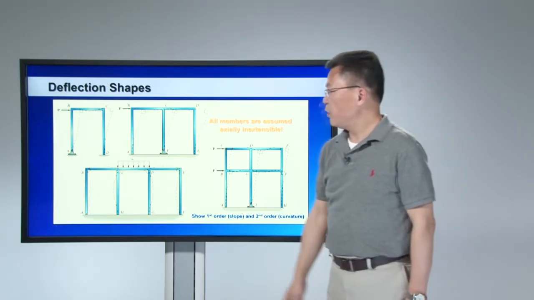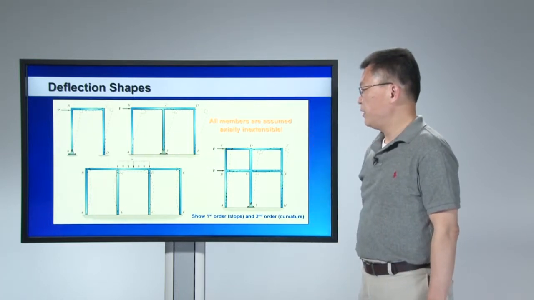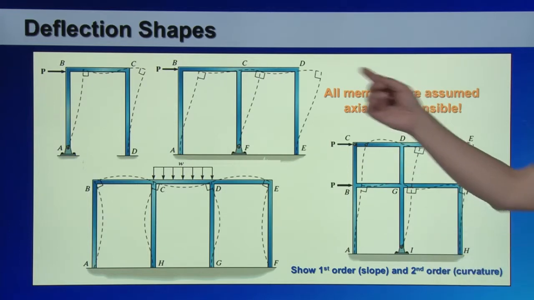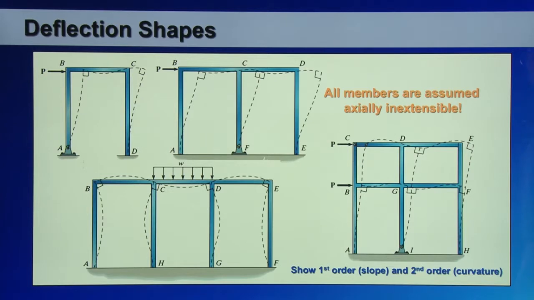Quite often, if we want to draw the deflection shape for two-dimensional structures, we assume that all members are inextensible, which means that the members cannot be elongated or contracted along their actual directions.